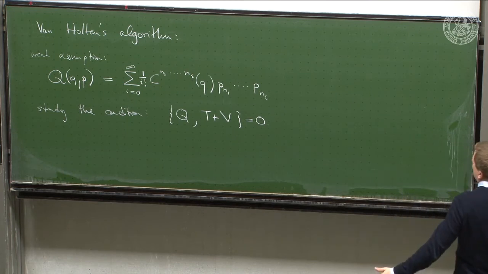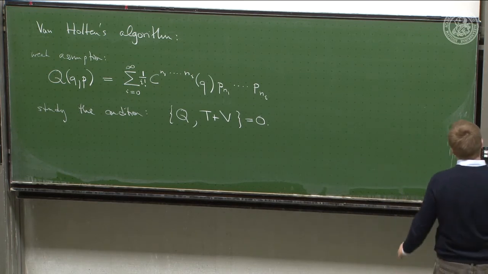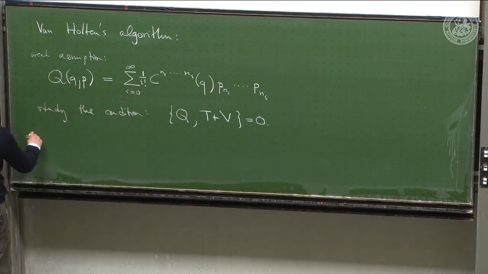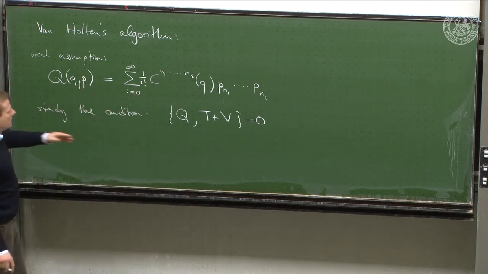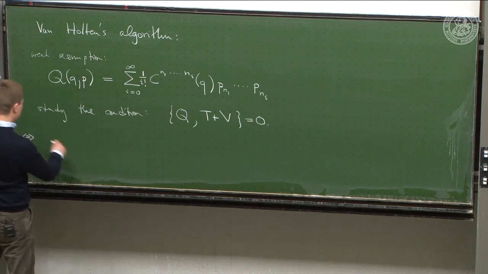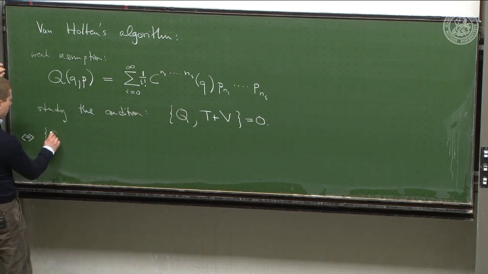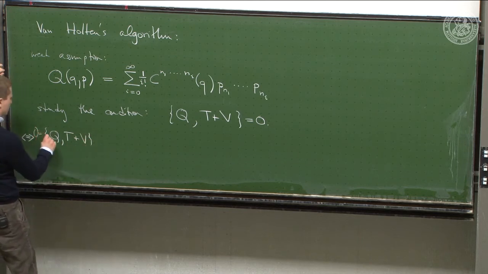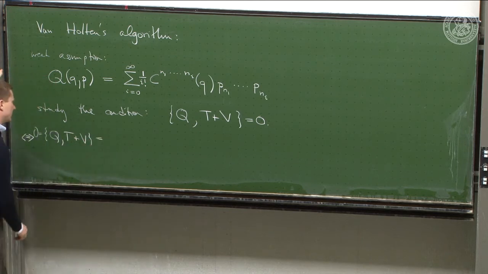Now, we've got to calculate this. So let's start here. What does this mean? It means that the Poisson bracket of Q with T plus V is 0. And what is this Poisson bracket?